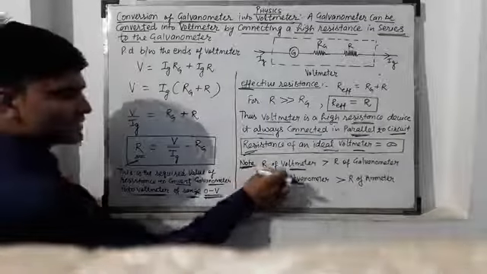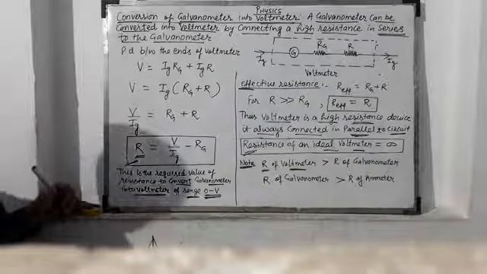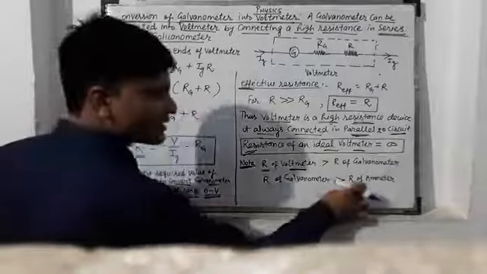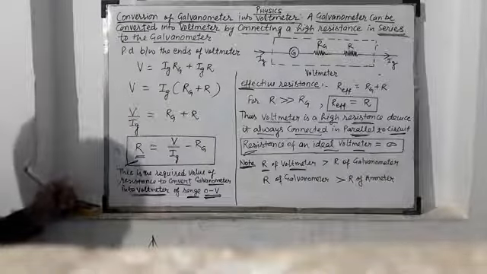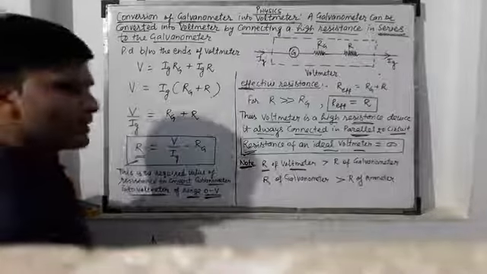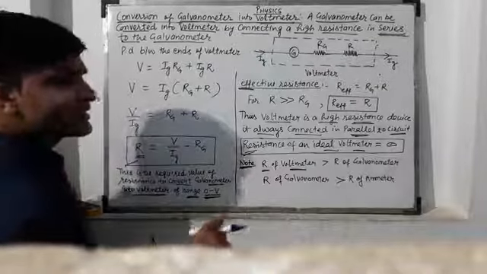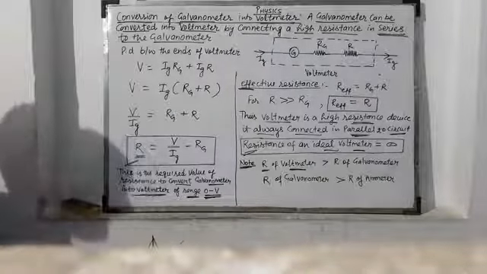Now the resistance of a galvanometer is greater than the resistance of an ammeter because in case of an ammeter we connect the resistance in parallel, and in case of parallel the total resistance is less than the individual resistances.